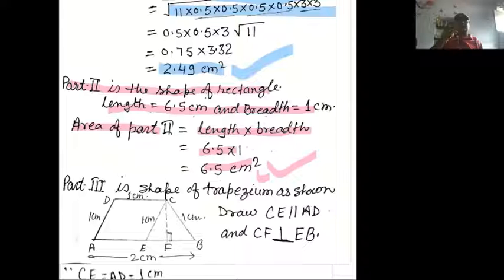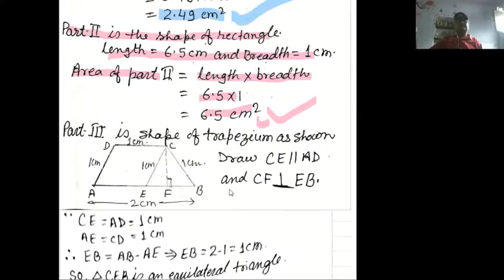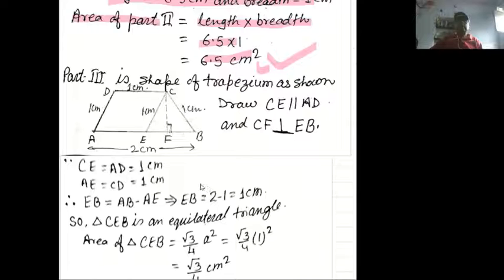The third part in the bottom is a trapezium. You know that the area of a trapezium equals half into the sum of the parallel sides into height.